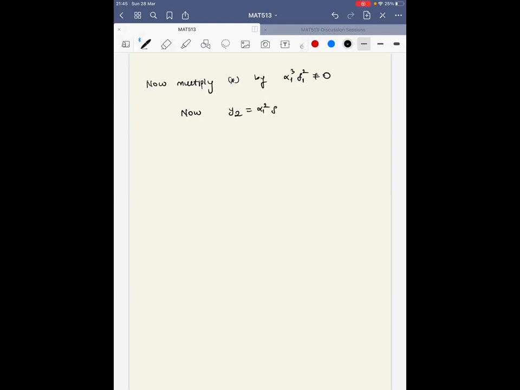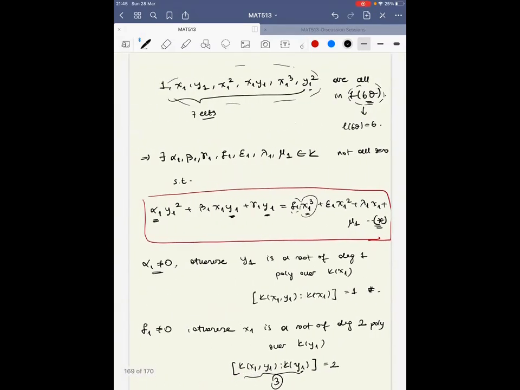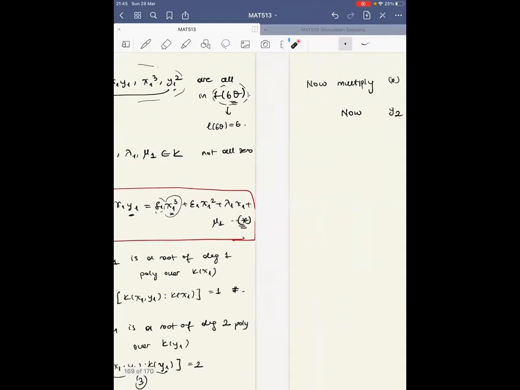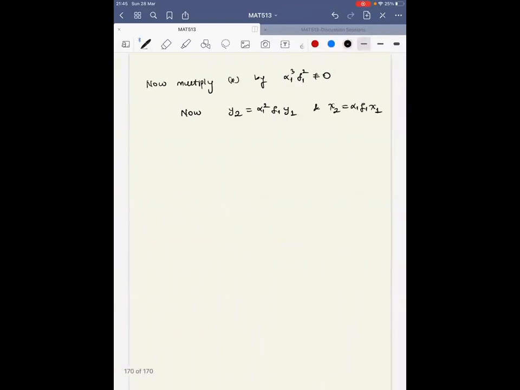And by considering these linear transformations, we can reduce this equation into this one.